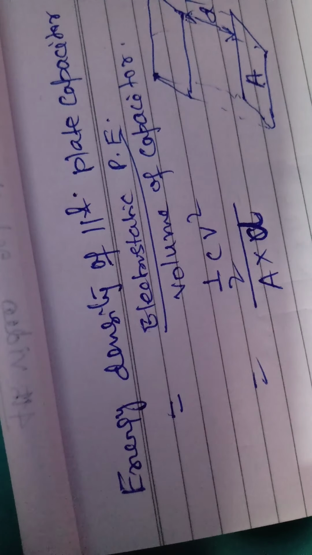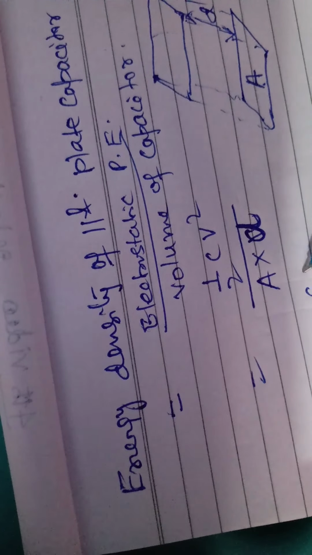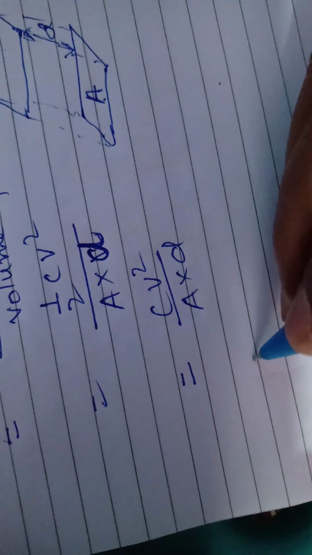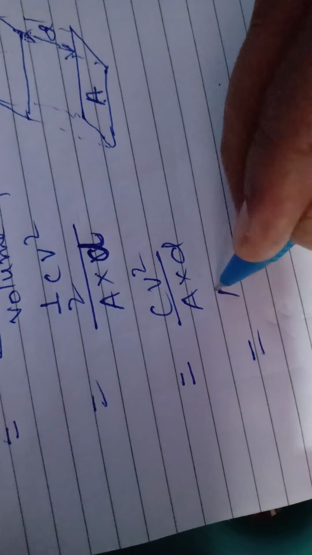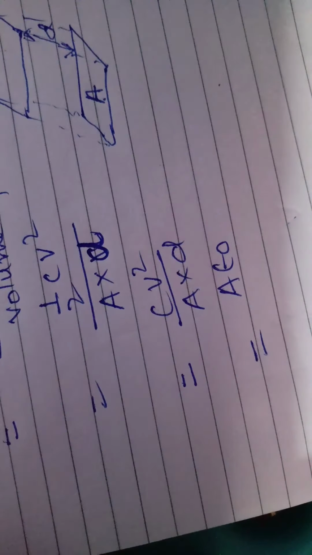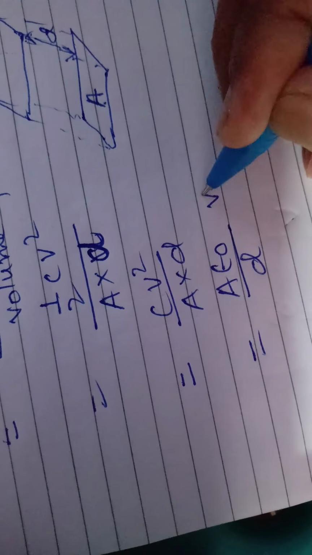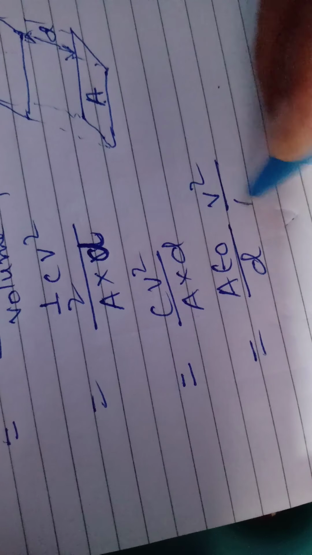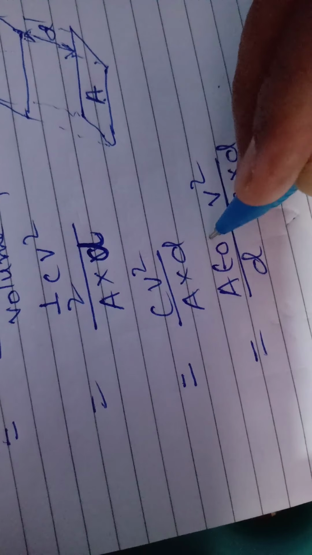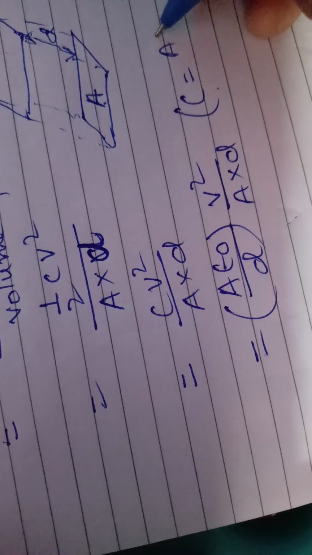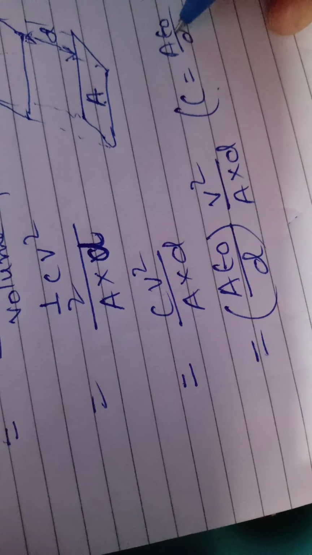Now, from here we can write CV square by A into d. Further, for C we can write A epsilon naught by d, and then V square by A into d. For C we have already derived the formula A epsilon naught by d.